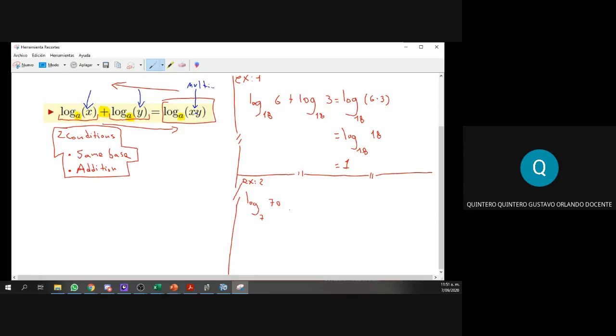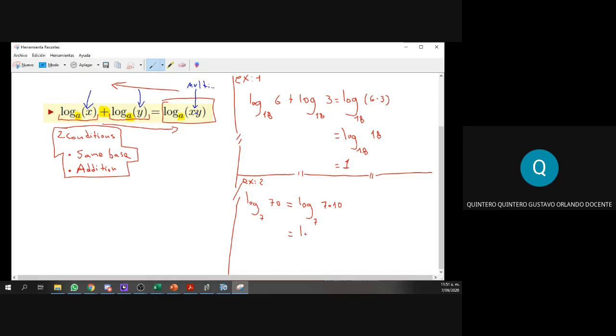Logarithm base 7 of 70. So how much is that? For once, we can just expand the logarithm into 2 multiplications. So we can say the 70 is 7 times 10, right? And now that we have a multiplication, we can expand the multiplication into 2 logarithms.